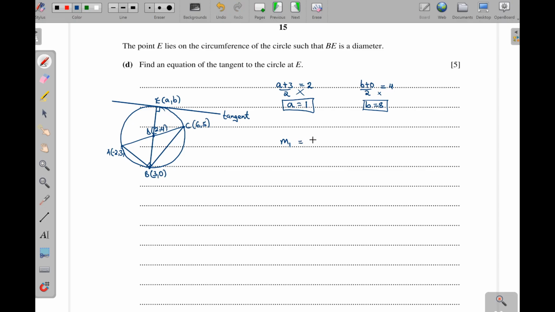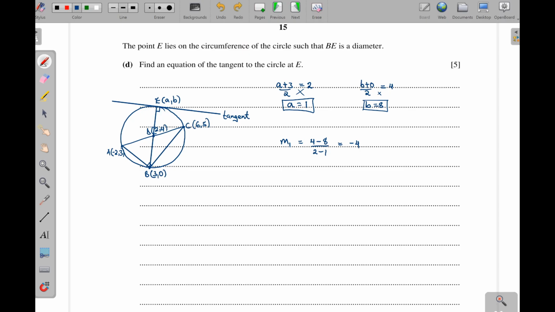So M1 is going to be equal to 4 minus 8, which we have gotten here, over the change in X, which is 2 minus the A which we have gotten here as 1. So what are we going to have? Negative 4 over 1. Do you see what we are getting here? Negative 4. That's the gradient of this.